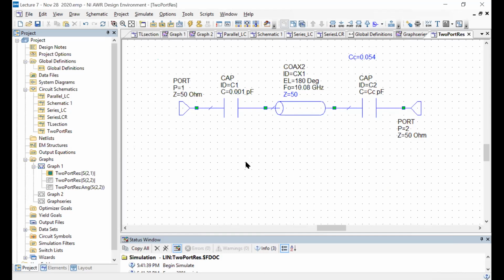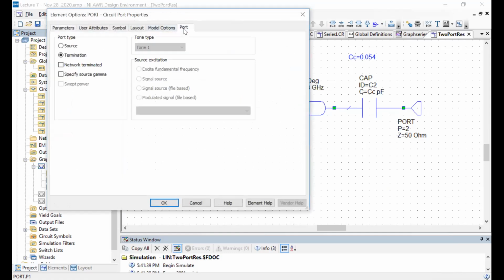And in Microwave Office, I think I mentioned this in one of the earlier lectures, if you double click the port, in the last tab it has this port type called termination and source.